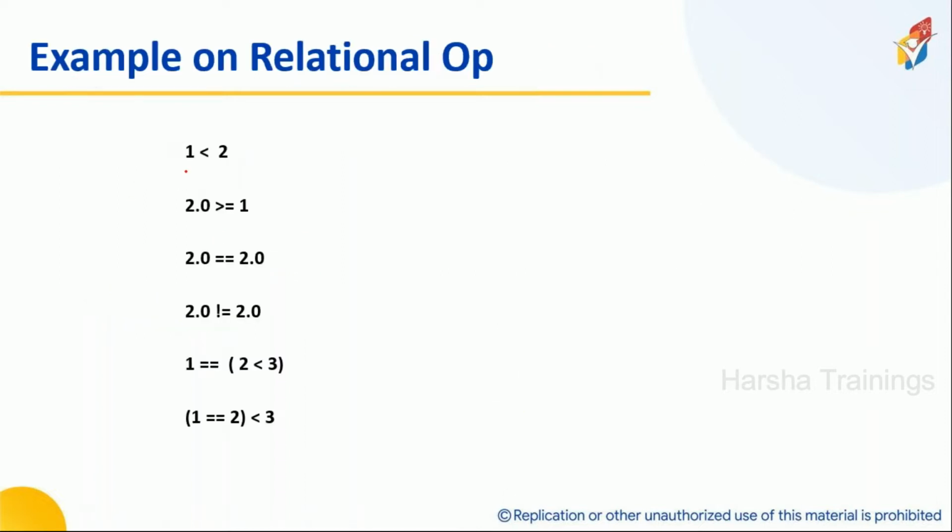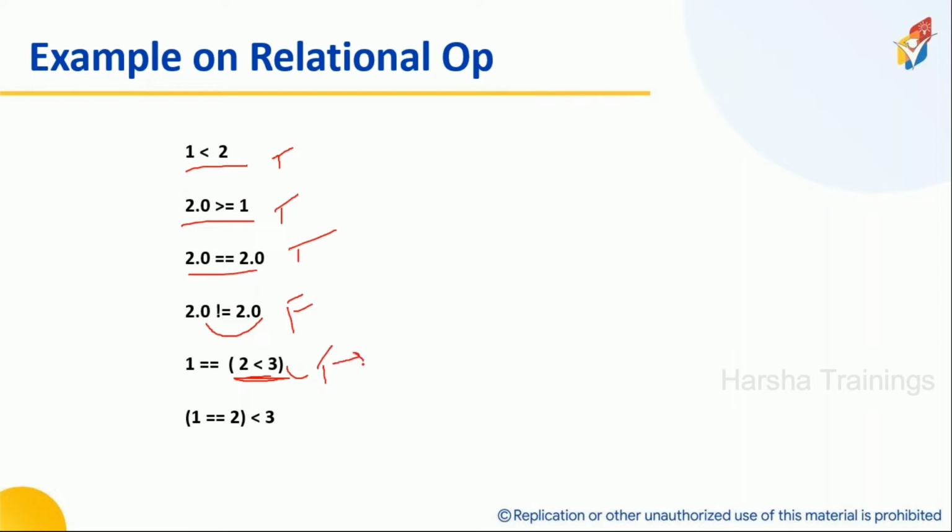Now, 1 is less than 2, true. 2.0 is greater than 1, it is true. 2.0 double equal to 2.0 is also true, because both are the same, left side expression and right side expression. 2.0 not equal to 2.0 is false. Can you please respond for this? Actually, this will be evaluated like this: 2 less than 3 is true.